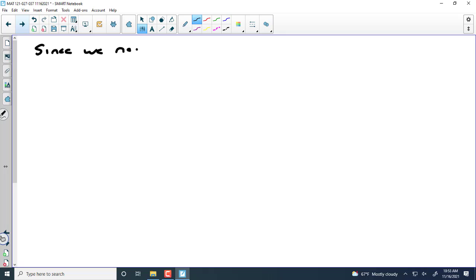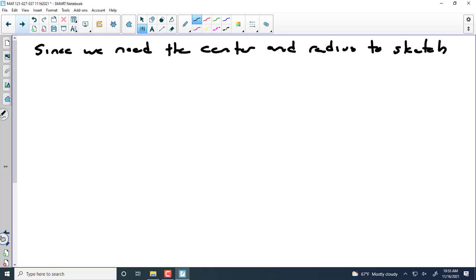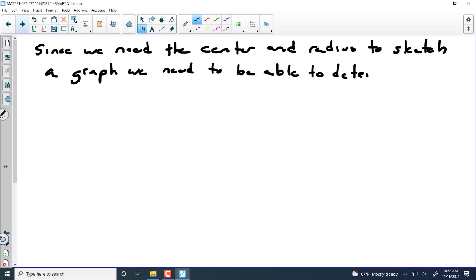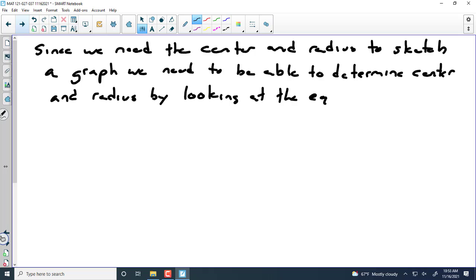Since we need the center and radius to sketch a graph, we need to be able to determine the center and radius by looking at the equation.